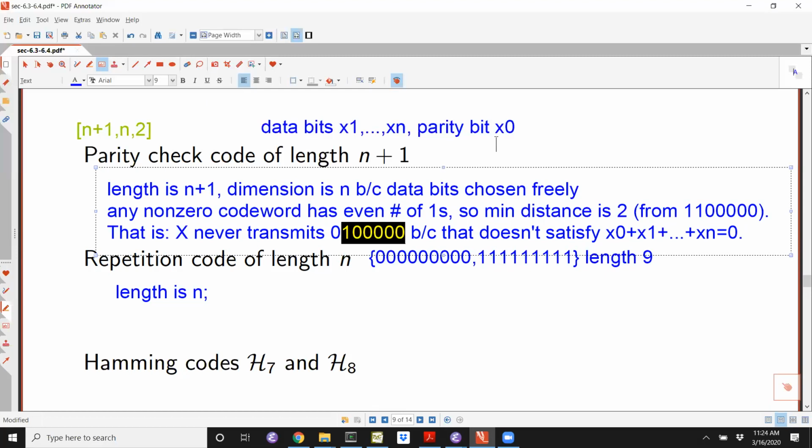John B, you with me so far? Yeah, that makes sense. And then you add on a parity check bit to make sure that the number of ones that appears is even. So you can never transmit something of distance 1, and so the minimum distance is 2. Okay, so you're good?